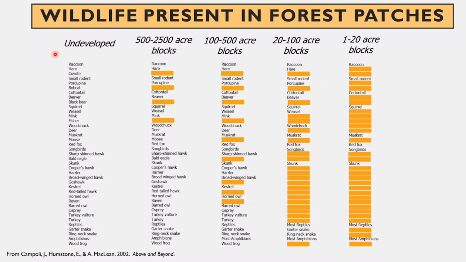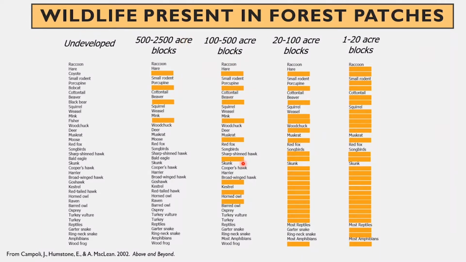So interesting to note, as you move from the undeveloped forest to this 500 to 2,500 acre block, you lose some of the large, wide-ranging mammal species like coyote and bobcat, black bear and fisher. You know, they might still pass through this block, but they're going to need more than what this area can provide by itself.